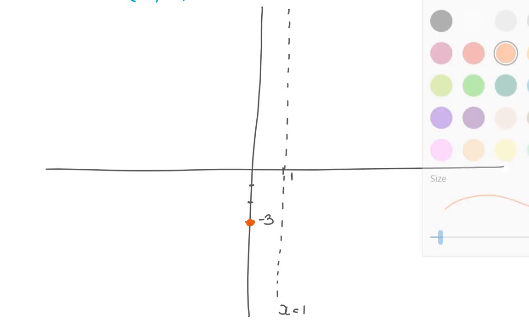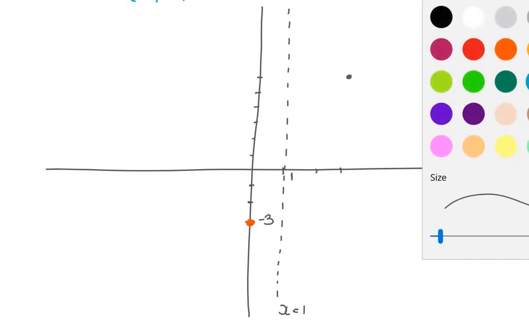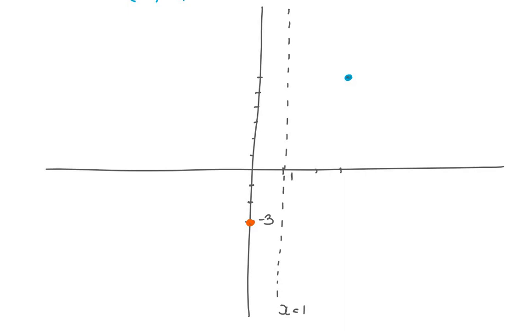There we go. My stationary points were at 3, 6, so 1, 2, 3. If we make it 1, 2, 3, 4, 5, 6, that'll be round about there. So let's label that. So that is a stationary point. So 3, 6. And -1, -2 is the other stationary point.